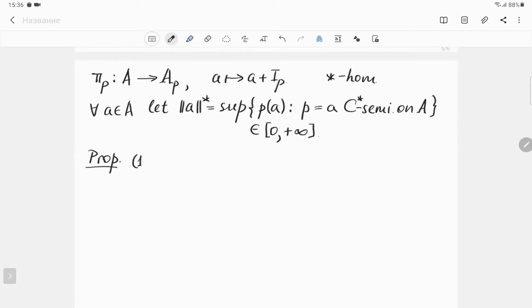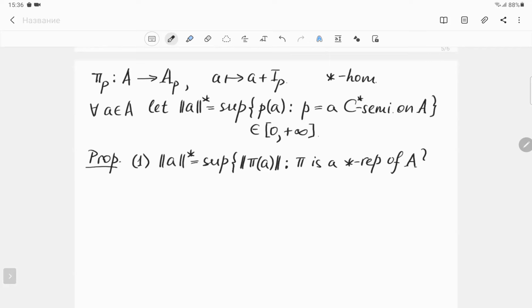First of all, I claim that the same number can be defined as follows. This is the supremum of the norms of pi of A, where pi runs over the class of all star representations of A. Looks similar to our definition of the maximal C-star norm on the tensor product, isn't it?